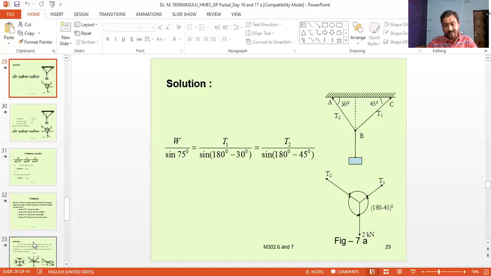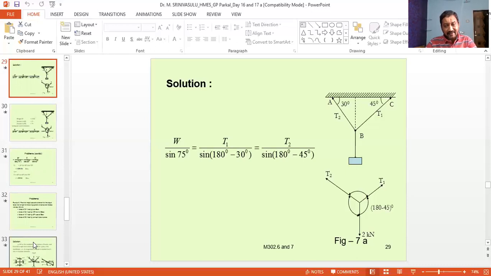Similarly, the angle made by the string BC with the vertical is equal to 45, because we already got a 90 angle and a 45 degrees. The other angle will become 90 minus 45, which is 45.